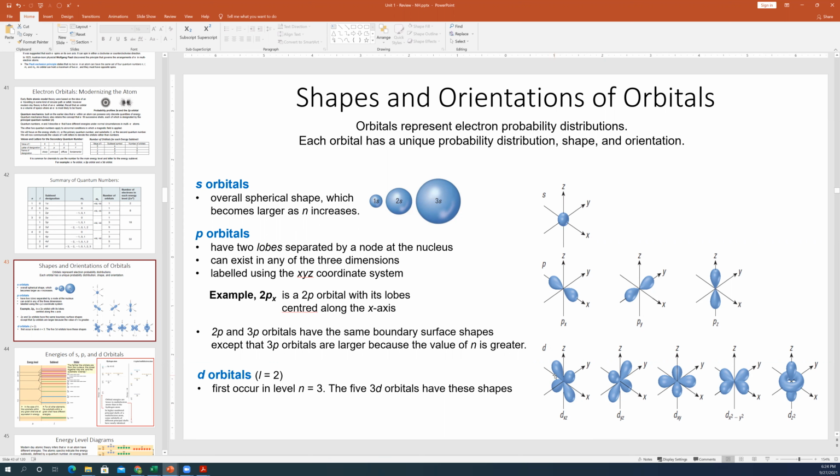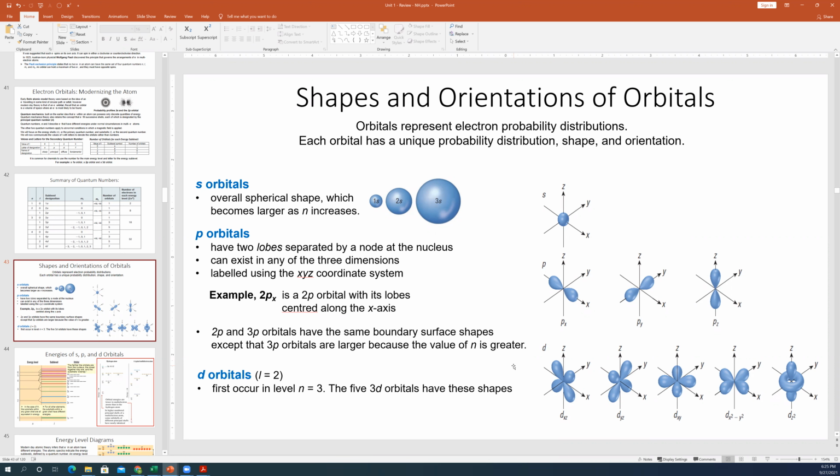They're not orbiting the nucleus at a fixed radius like planets around the sun. They are rather in electron clouds with a probability of being found in a certain location, in a certain orientation, occupying that electron cloud, having a certain shape in space.